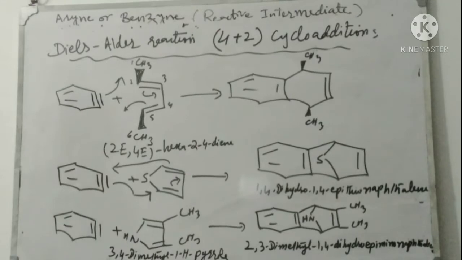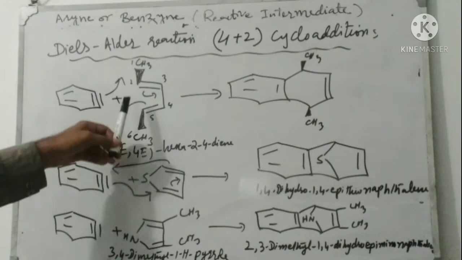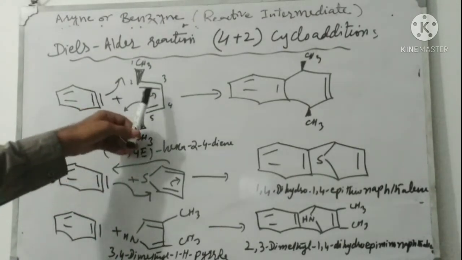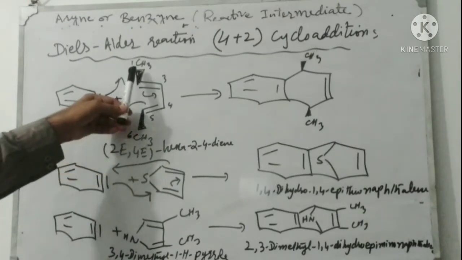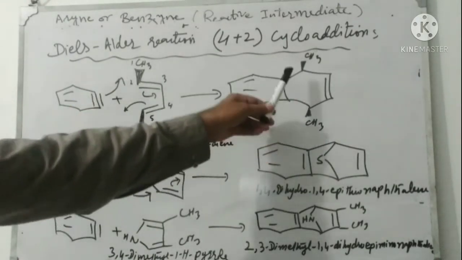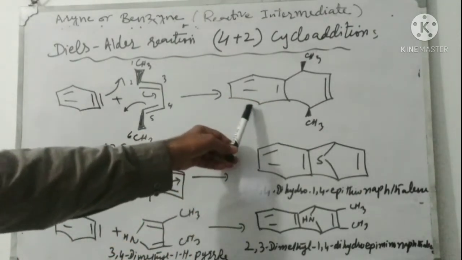So these are some more examples of Diels-Alder 4+2 cycloaddition reaction of benzyne. When benzyne reacts with this 1,3-diene, in this case the stereochemistry of these two methyl groups is preserved in the product as well, to form this Diels-Alder adduct.